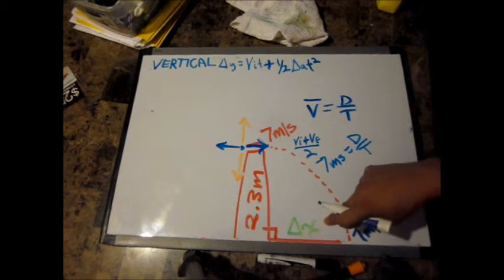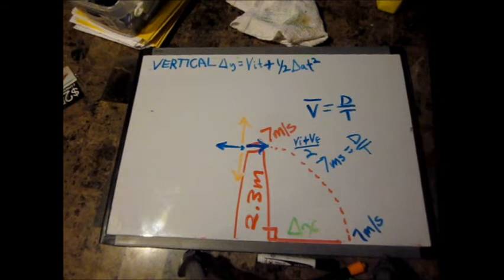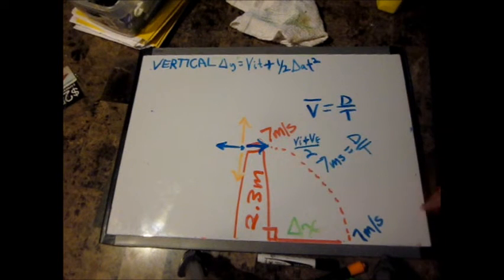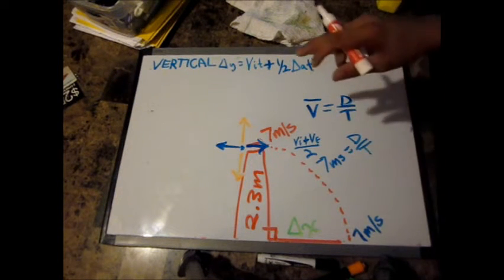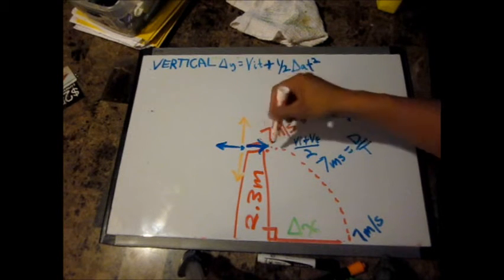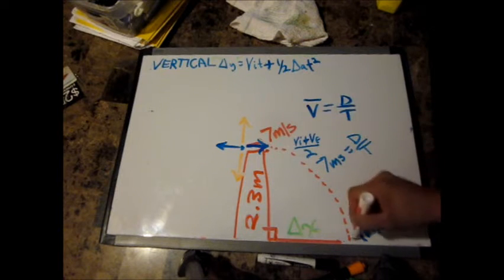We neither have the distance, we're looking for it, nor do we have the time. But because we're given the length of the drop, which is 2.3 meters, we can find out our change of y, which means our time through our change of y from point to point.